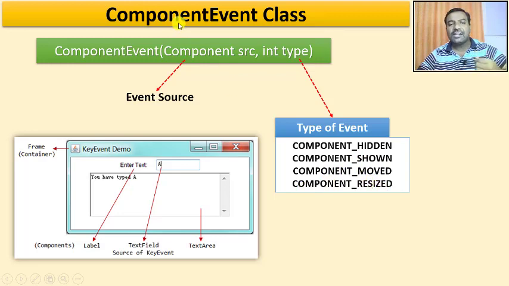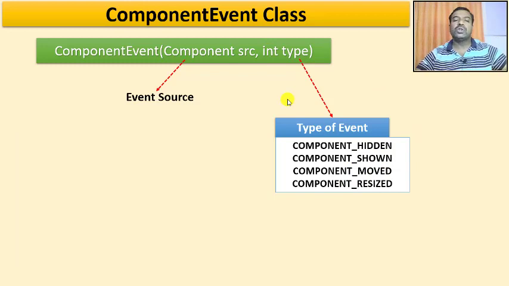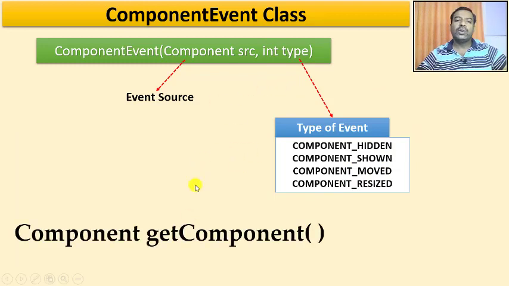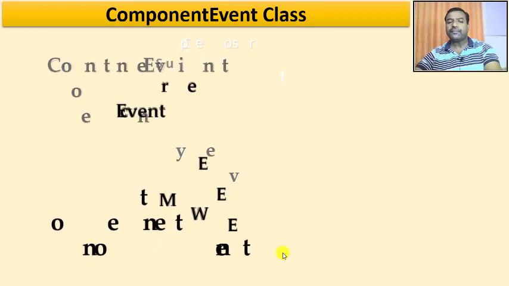When this event occurs, it can be for any one of these reasons. Hence, I should know what type of event it is. And when I want to get the object reference of the component, I am going to use the method getComponent.